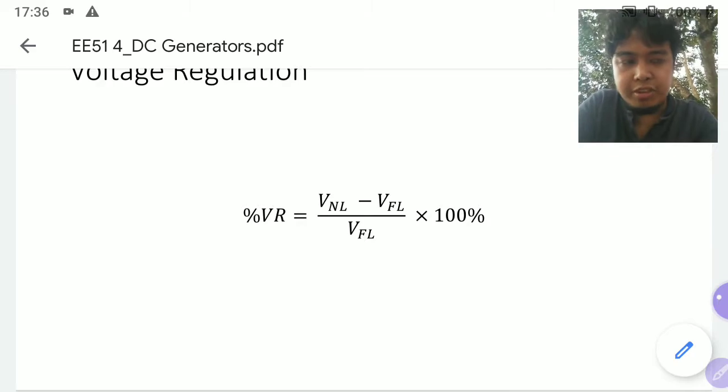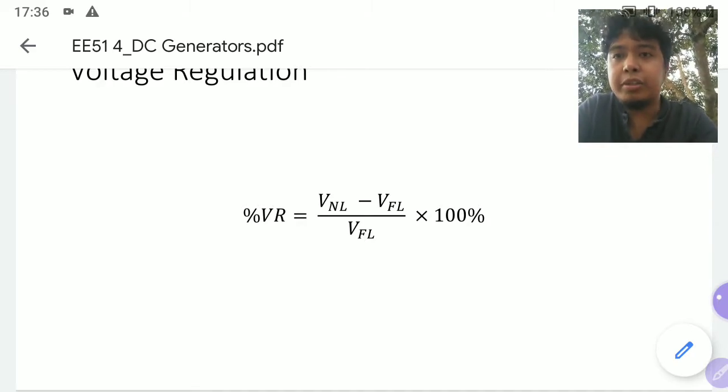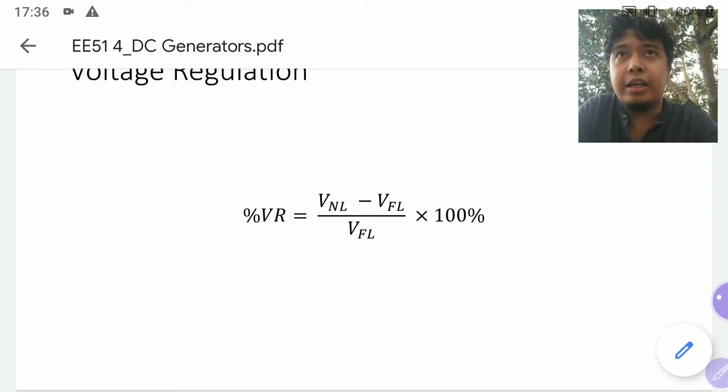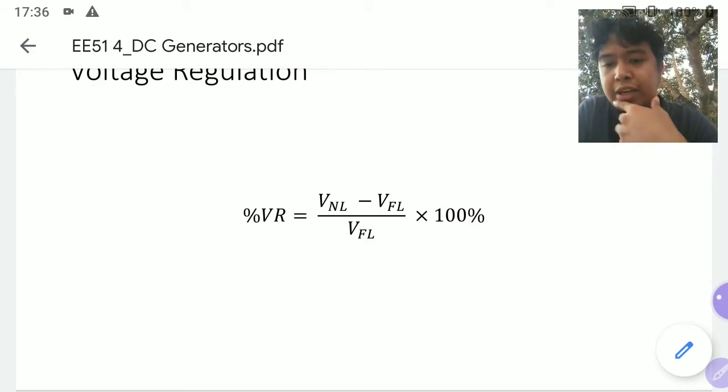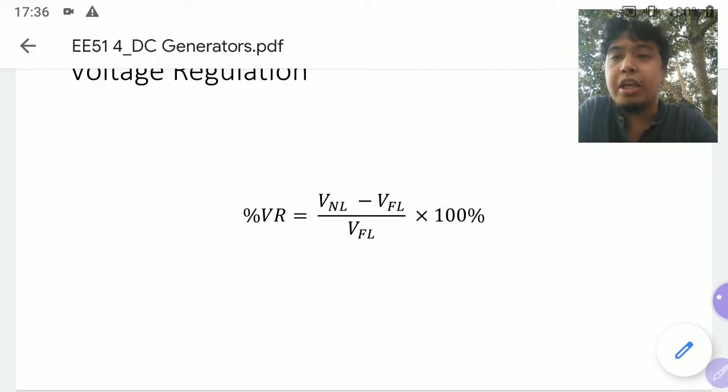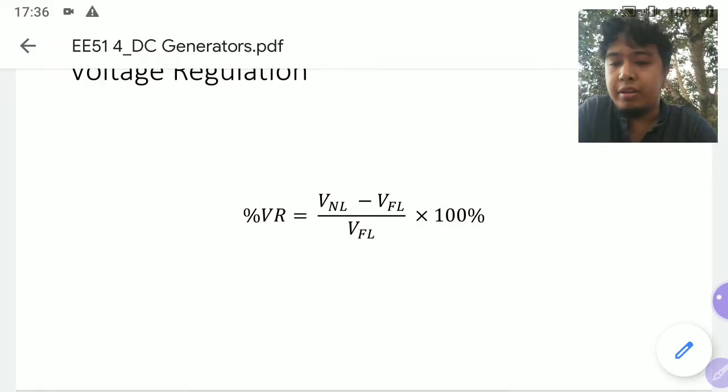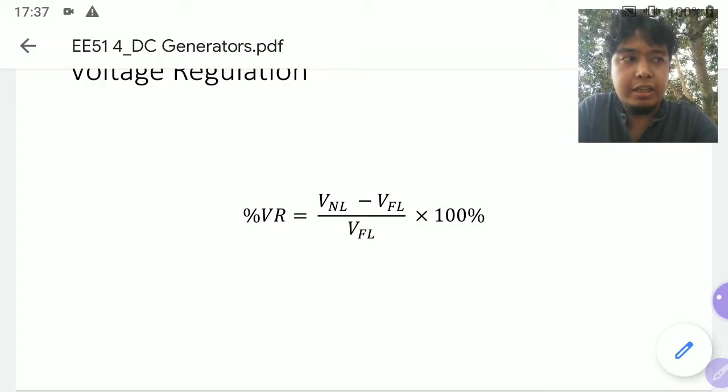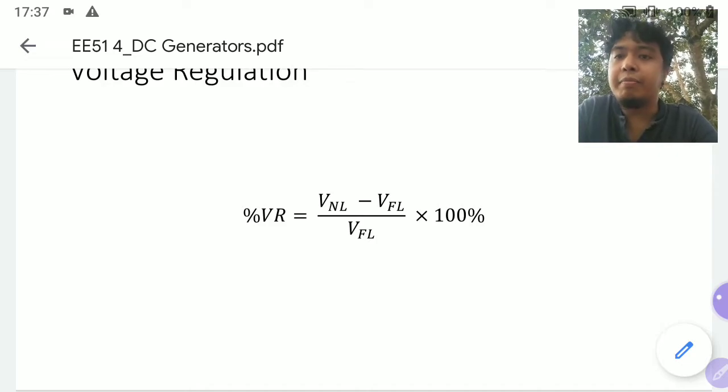Since the output of the generator is electrical power, its output is taken at the terminals in the form of voltage and current, while for motors its output is mechanical power and taken at the shaft in the form of torque and RPM.